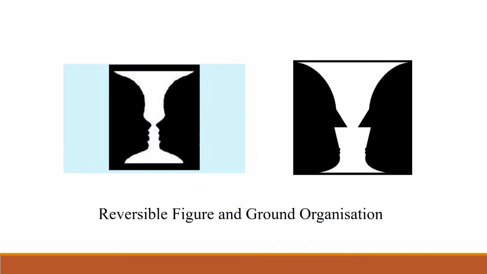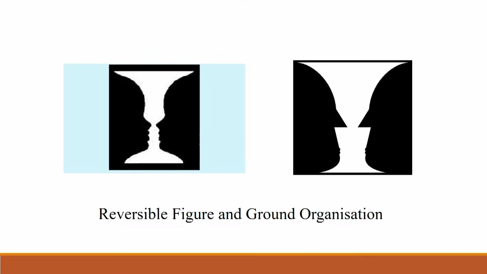Similarly in the second one also, either you can see two people or you can see an inverted vase. These show how you make a clear demarcation between what is the figure and what is the background.